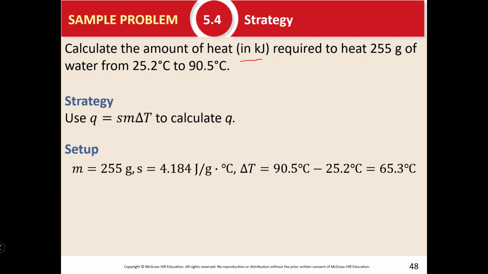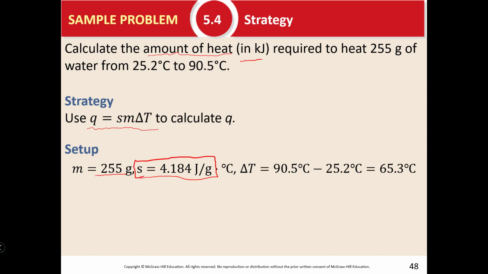You've got to watch your units. So Q equals SMΔT. Q is the heat. That's what they're asking us to calculate, the amount of heat. So we know that we're solving this equation straightforwardly. Notice they don't give us the specific heat of water. They assume that you have that memorized. So make sure you memorize the specific heat of water.